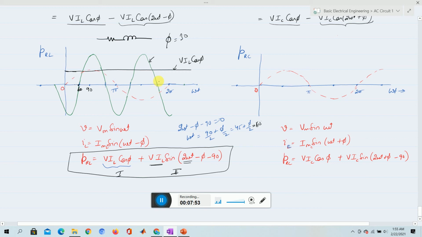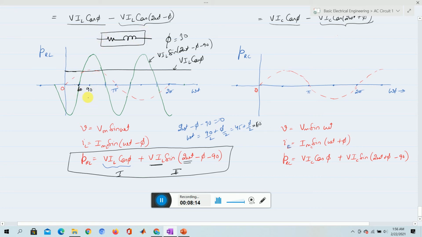This power is VI L sine of 2 omega t minus phi minus 90 degrees. That is how we can have a physical interpretation of how the power is taken by the load, which is of RL type.